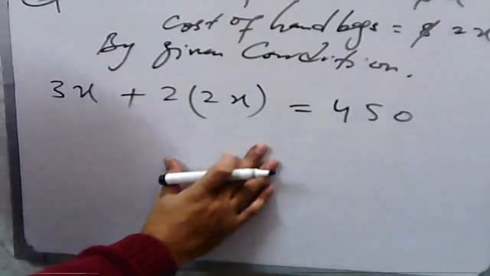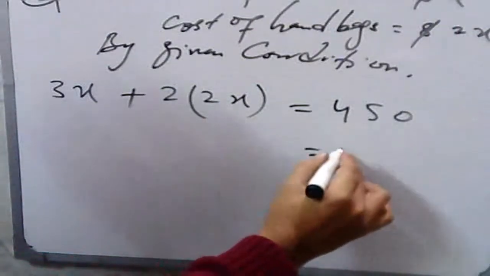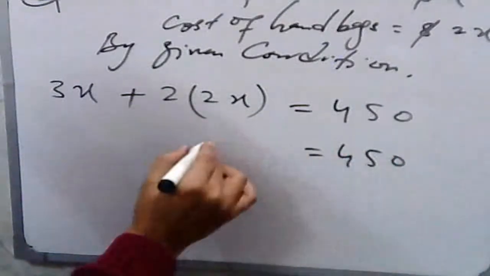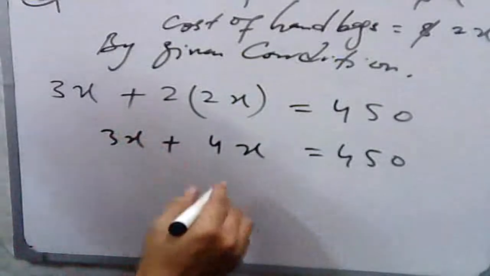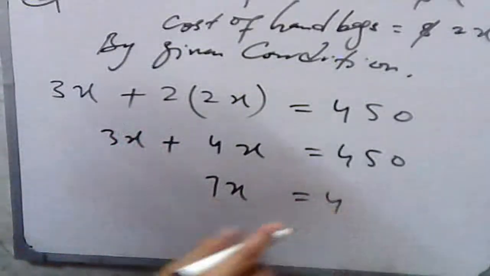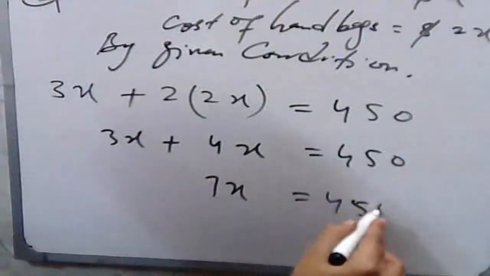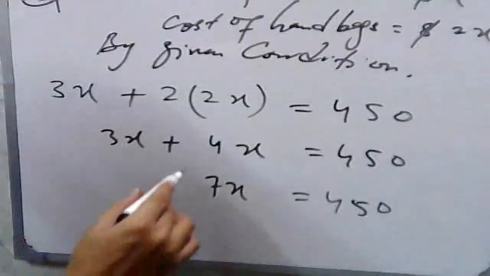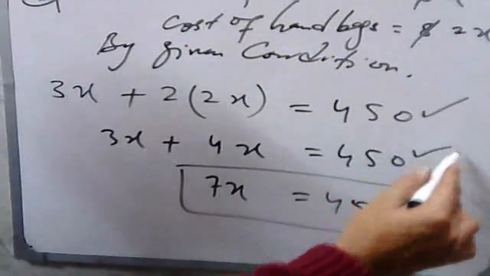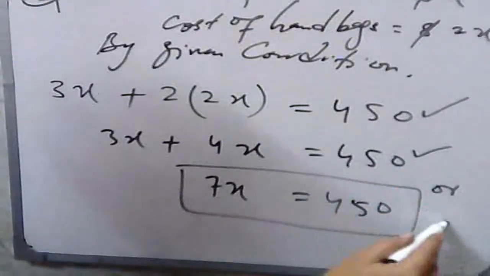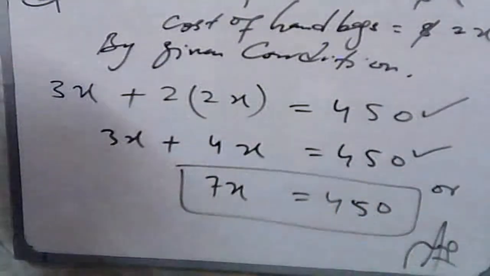If you further simplify it, you can write 2 times 2x, that is 4x, plus 3x, or 7x, is equal to 450. All of these forms are okay. That is your required result.